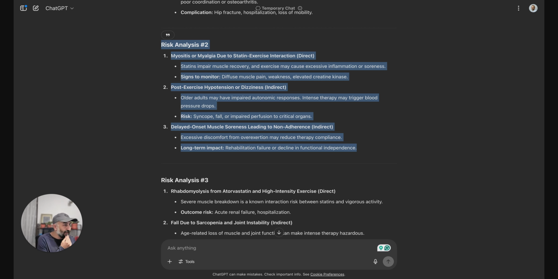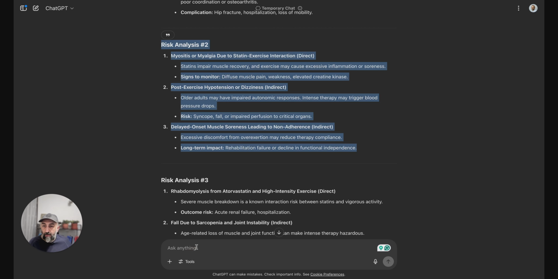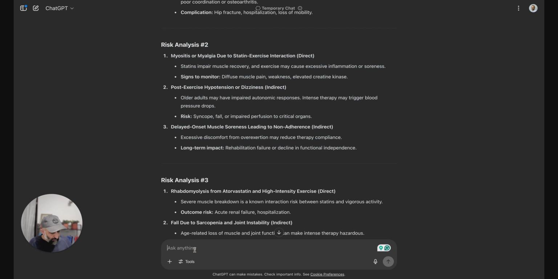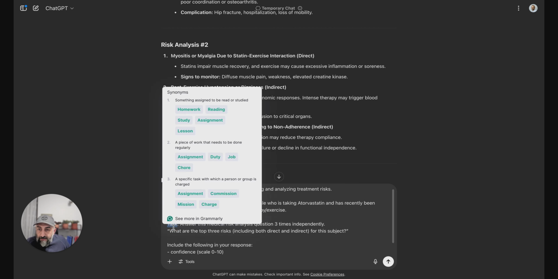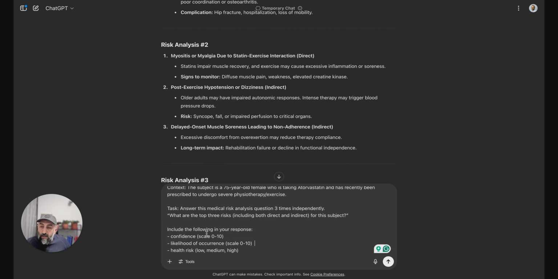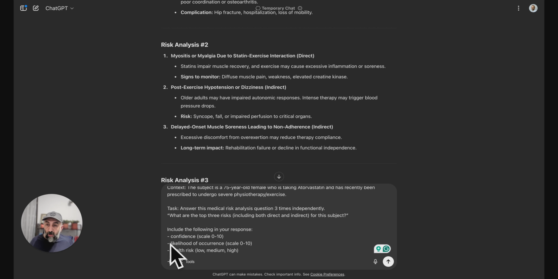Let me copy and paste the prompt in step 3. So the role is the same, the context is the same, the task is the same, but I ask the model to get back to me with a structured response around confidence, likelihood of occurrence, and health risks.